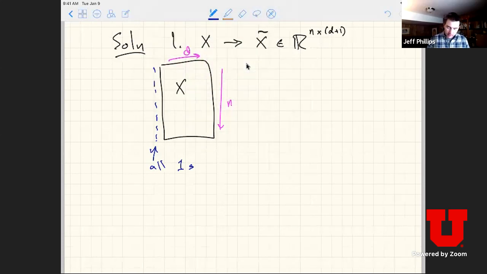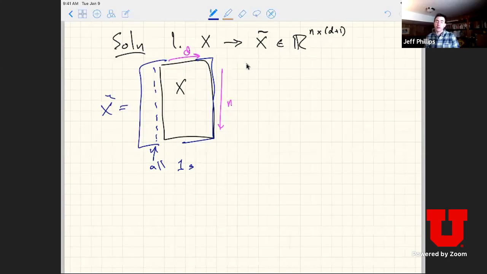And then we're going to get this matrix X tilde instead, where we add this ones vector in front. So xi tilde is going to be 1 followed by xi, right? So this is an element of R d plus 1.